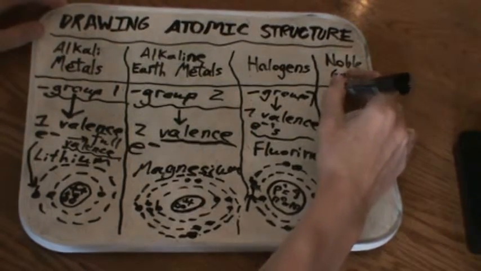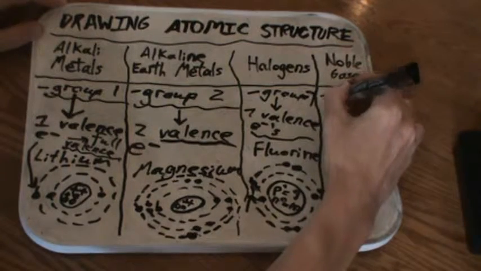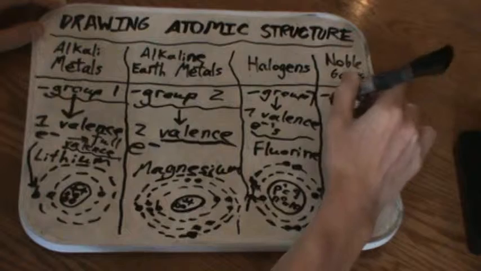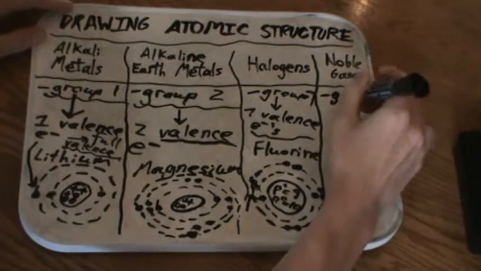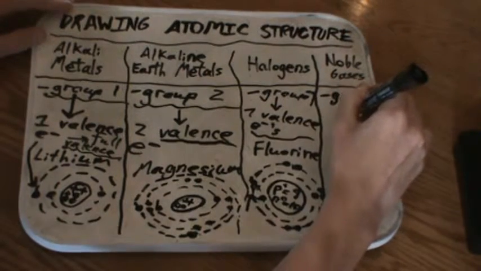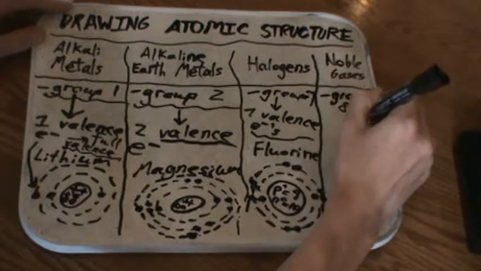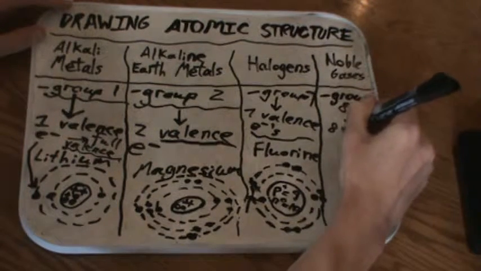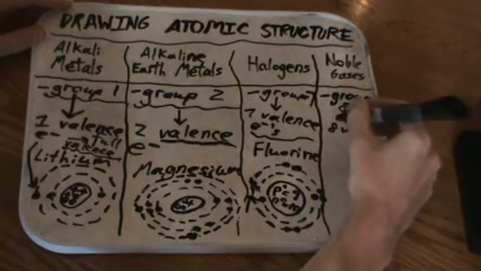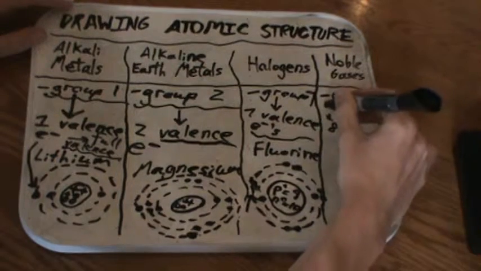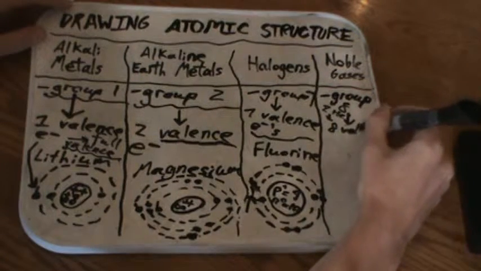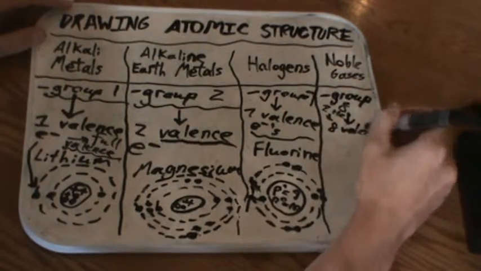And they share the idea of the full outer energy level. They share this with the naturally occurring noble gases, who have 8 valence electrons, or 2 if you're helium, but most of the time 8 valence electrons.